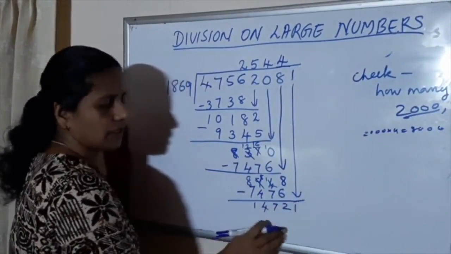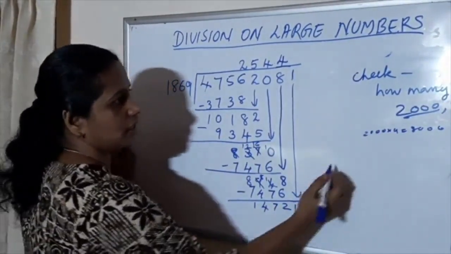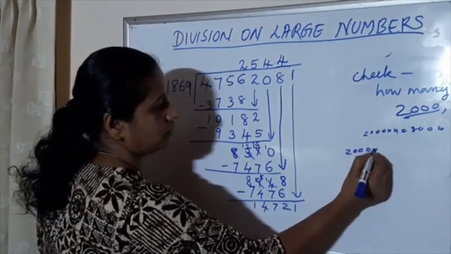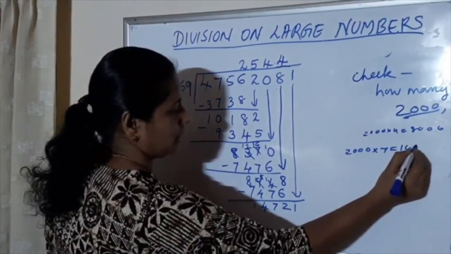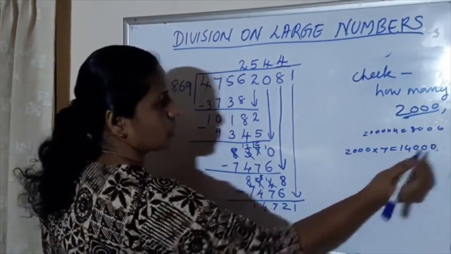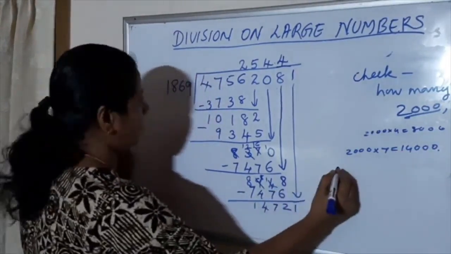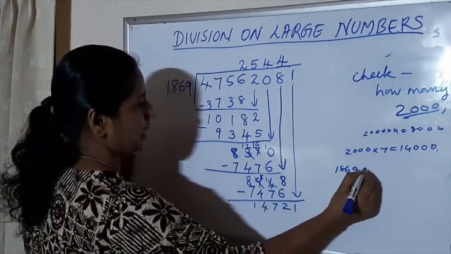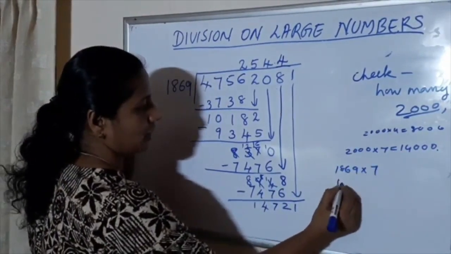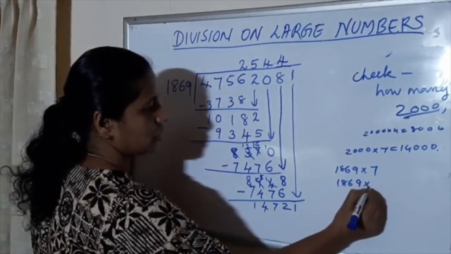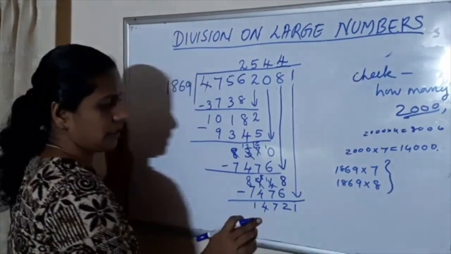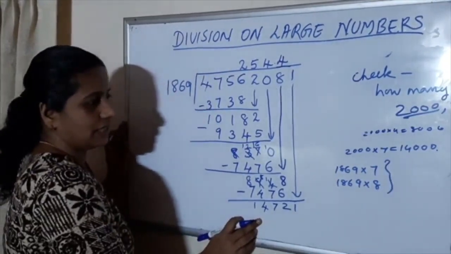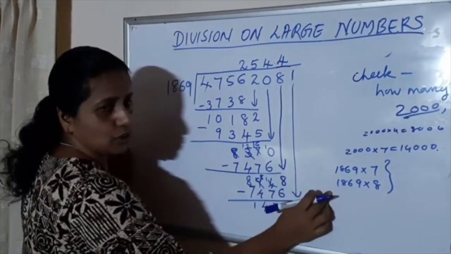That is 14,721. 2000 into 7 is 14,000. So check 1869 into 7 and 1869 into 8. This number is between these two products.